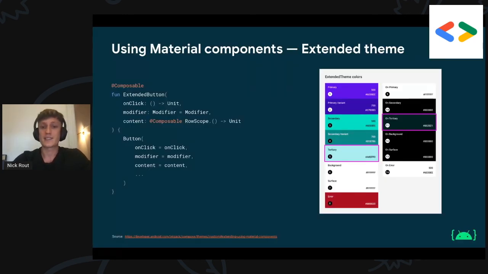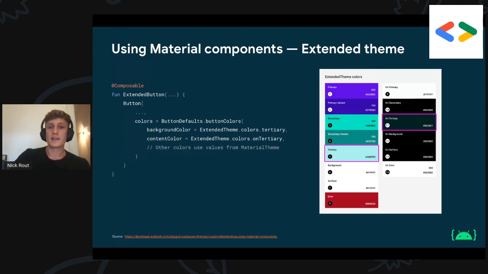So firstly, if you're using an extended theme, you're going to want to have this approach, which I'm going to call wrapping a material component. What this is doing is having a function which wraps the existing material composable function and provides it with the values from your custom theme. So here, in this case, we set it up by creating a composable function called ExtendedButton and passing through all the standard parameters, an onClick listener, a modifier, and content.